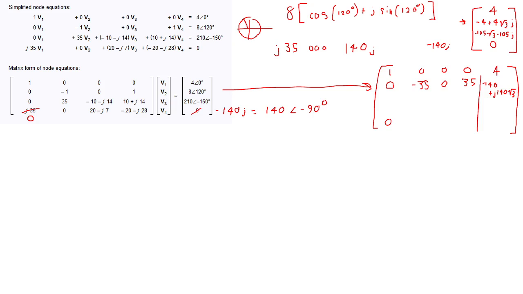My bottom row is now 0, 0, 20 minus j7, minus 1, or sorry, minus 20. Minus 28j. And then this side, again, is minus 140j.